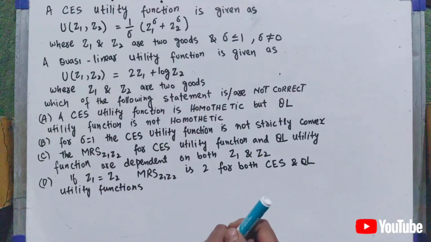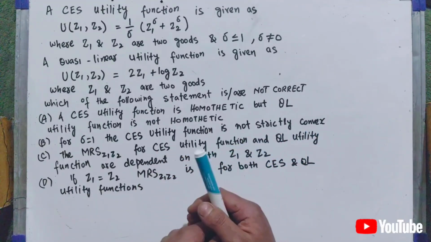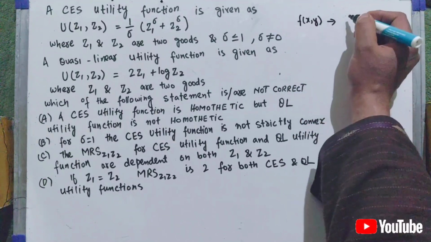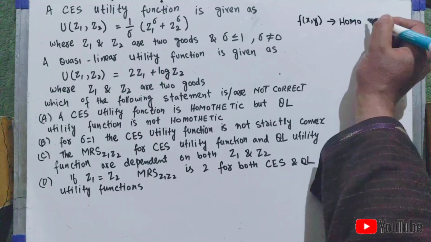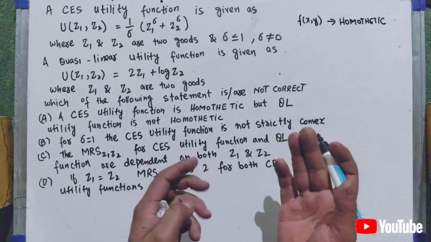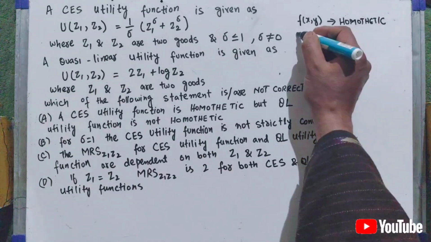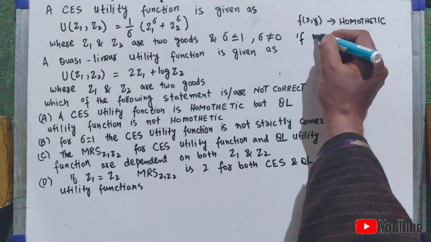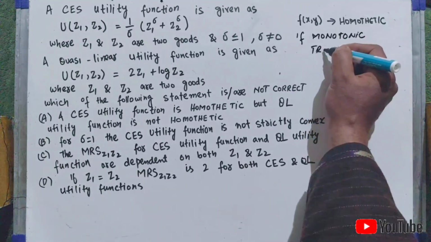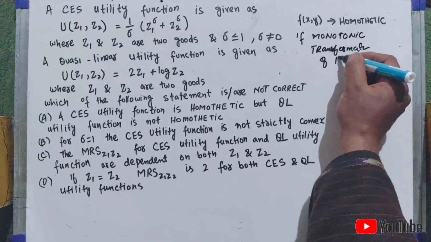By homotheticity, what do we mean? We know that a function f of x, y is said to be homothetic if it is a monotonic transformation of a homogeneous function.